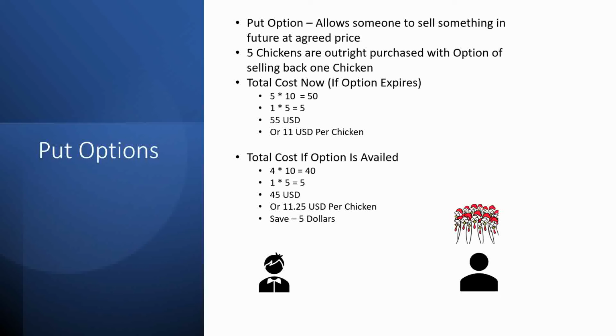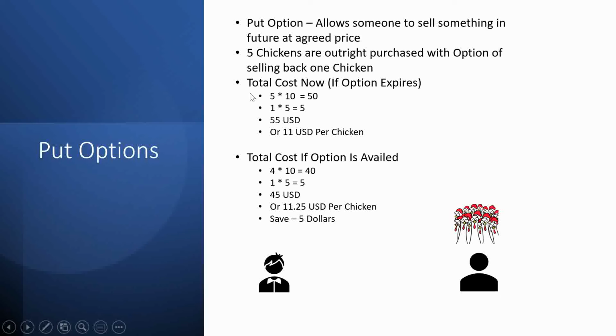So if I don't avail the option, or the option expires, in other words, I don't sell it back to Mr. Larry, and my brother also shows up, and my sister also doesn't throw a tantrum, then I'm able to use all 5 chickens, and it's going to cost me $5 extra compared to a scenario where I had purchased only 5 chickens outright.